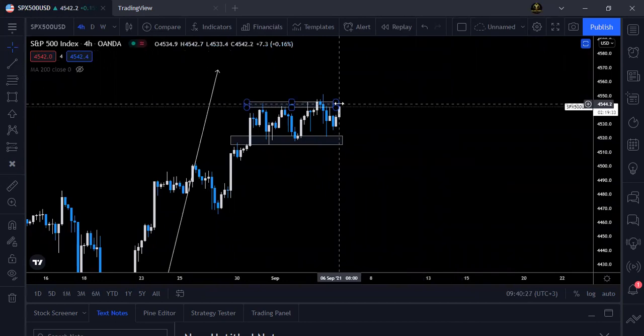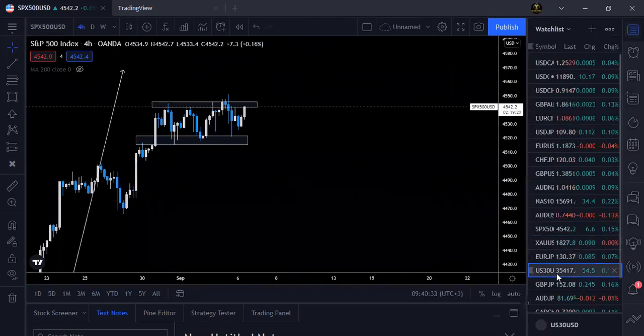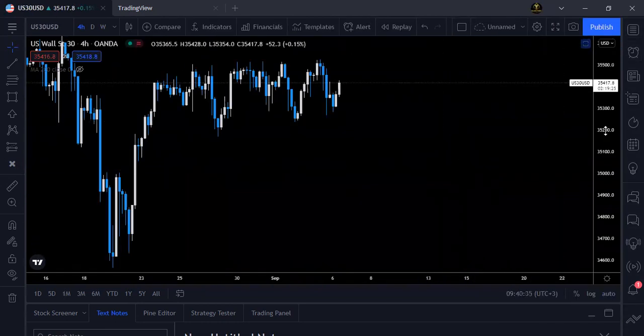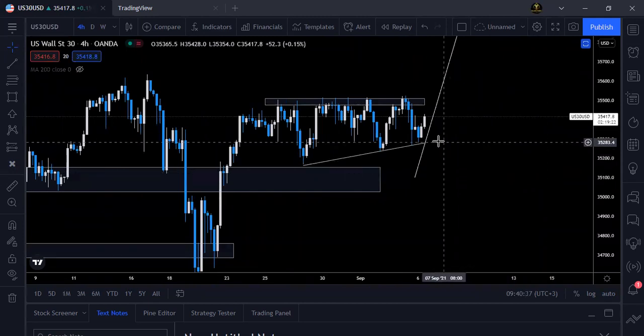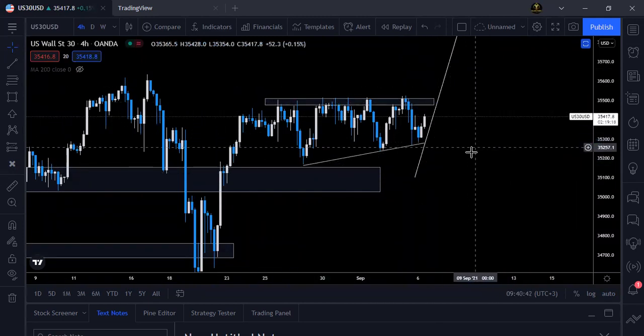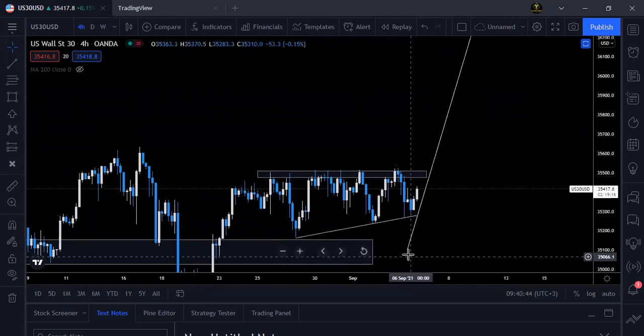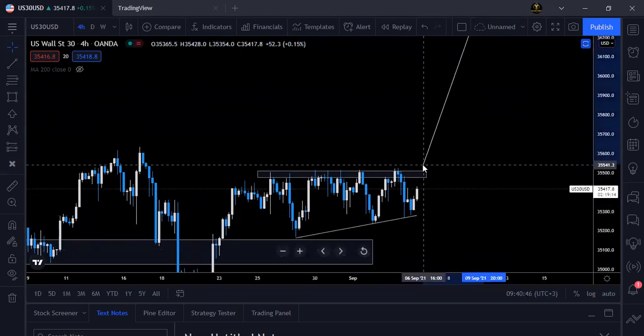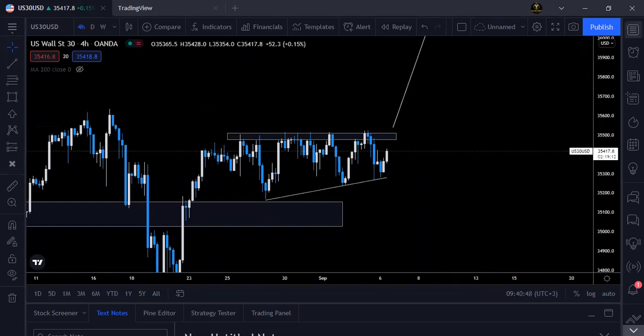I'm expecting a breakout above, and then we can actually buy and keep on heading higher. Okay, US30, same applies. It's in a consolidation range, waiting for a breakout before we actually keep on heading higher, right? Expecting a breakout first before we actually head higher.